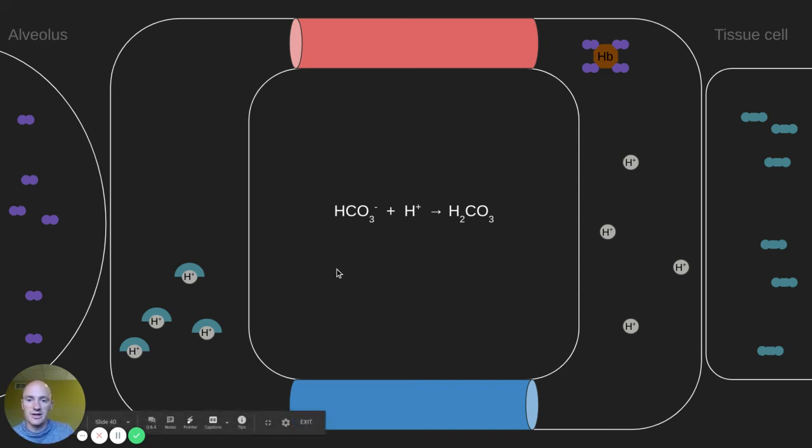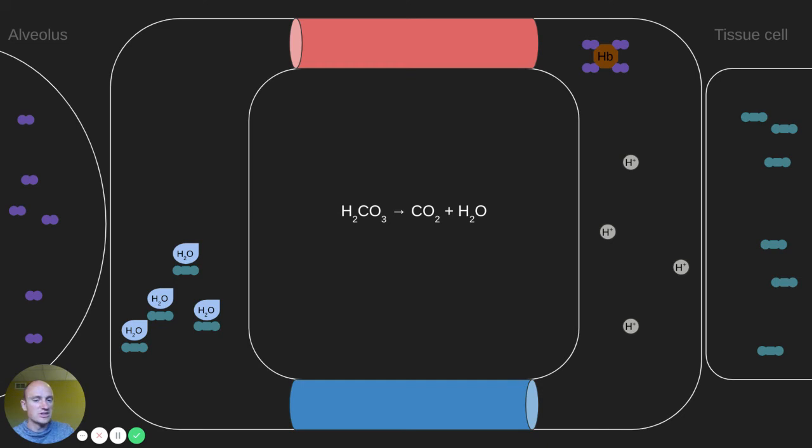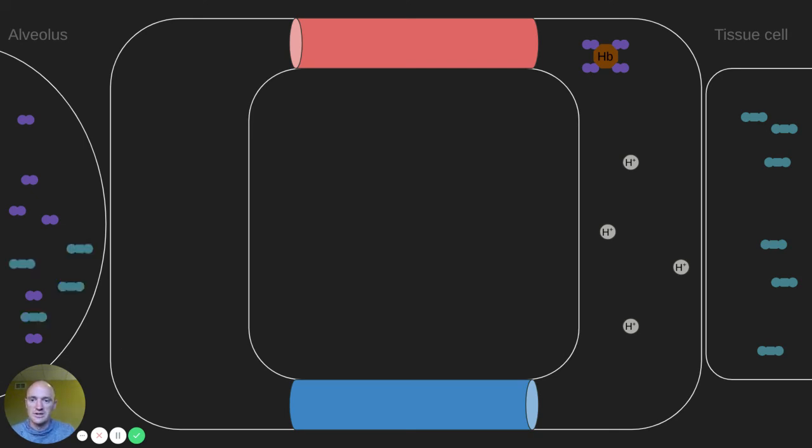So the bicarbonate combines with hydrogen ions to form carbonic acid. Carbonic acid can get transformed into CO2 and H2O. Now the H2O, the water, well, that just becomes part of the plasma. And the CO2 can diffuse into the alveolus and breathe out.